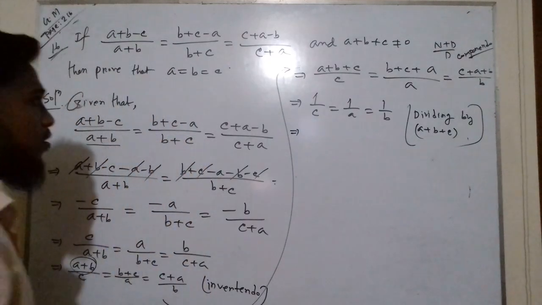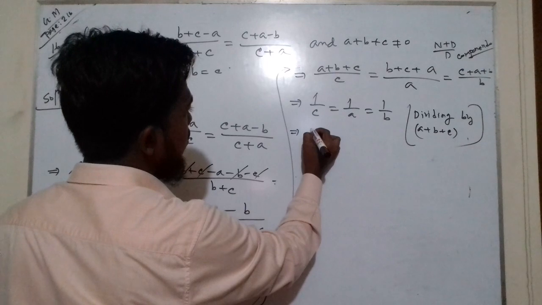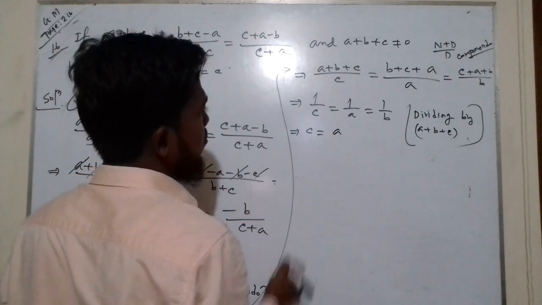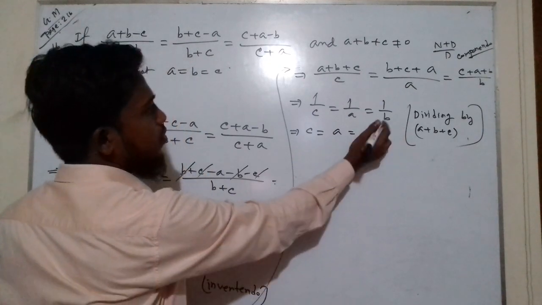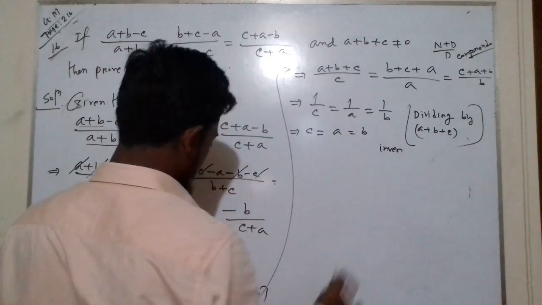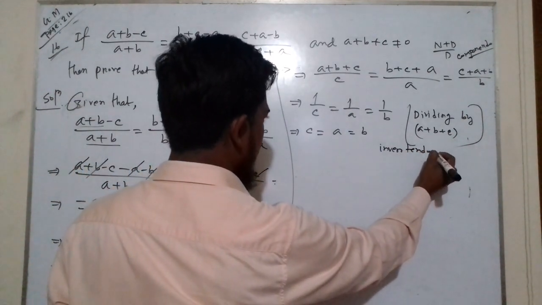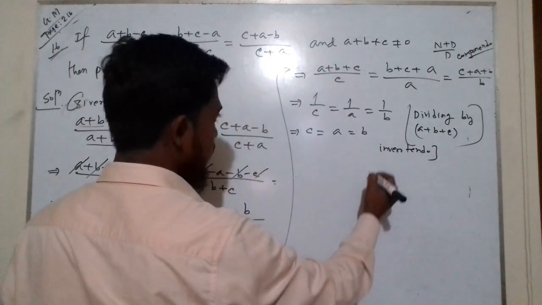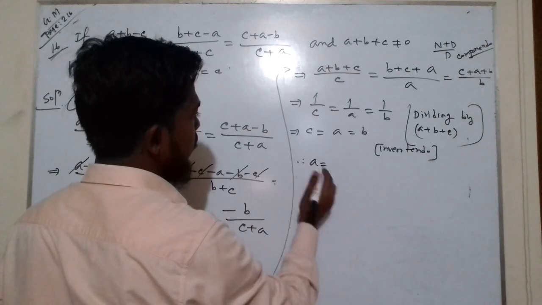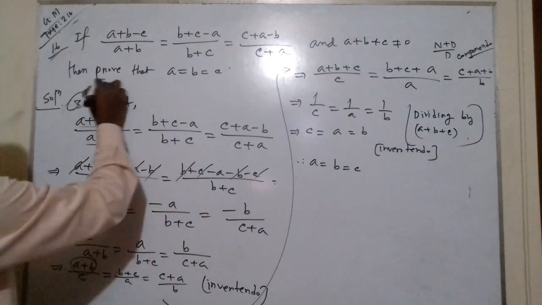Again, if we apply the formula of invertendo, then we can write c by 1, that means c, a by 1, that means a, and b by 1, that means b. Invertendo. Therefore a equal to b equal to c, proved.